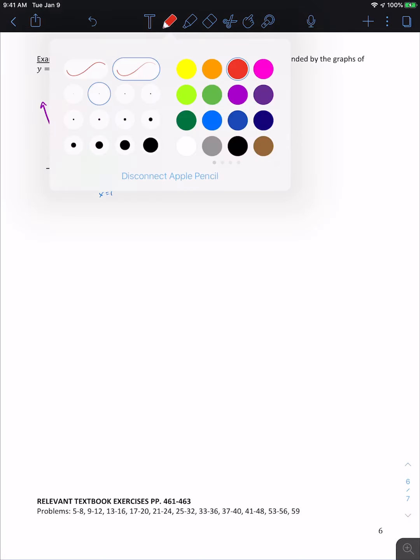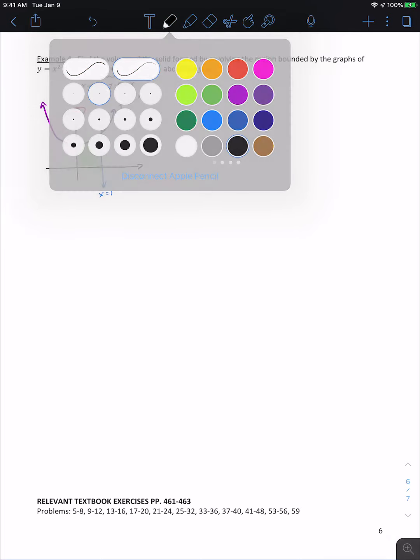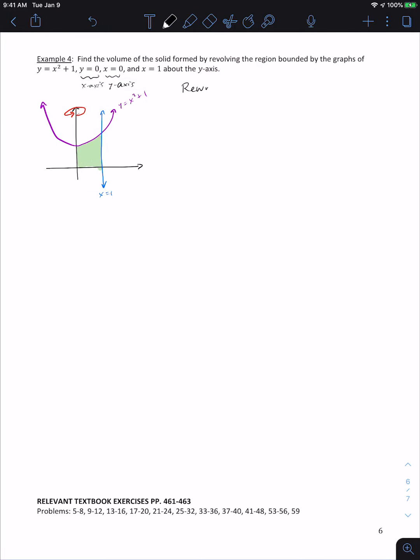In order to revolve it around the y-axis, I need to rewrite my equation in terms of y. Our equation is y equals x squared plus 1, so I get y minus 1 is equal to x squared. That means plus or minus the square root of y minus 1 is equal to x.